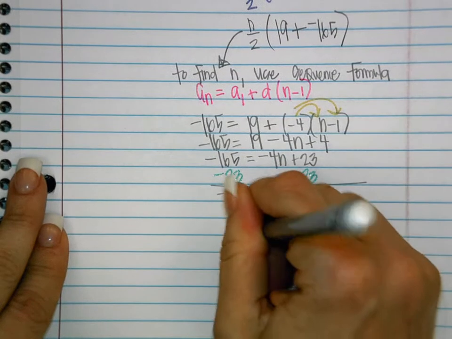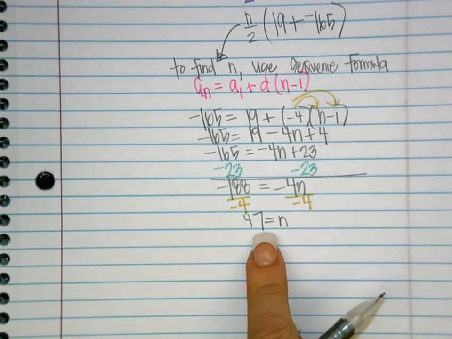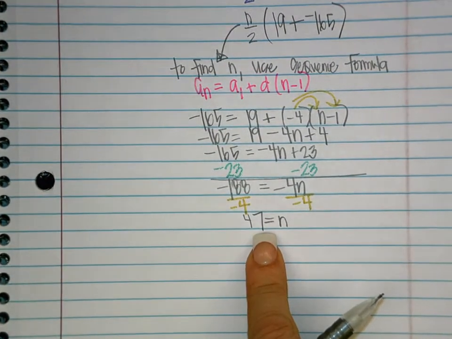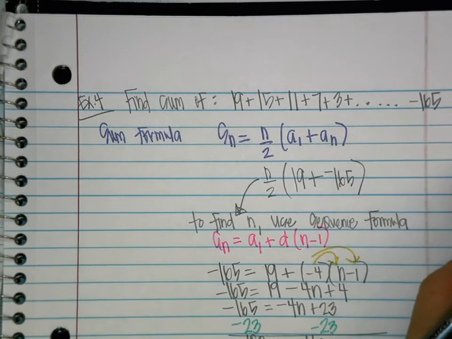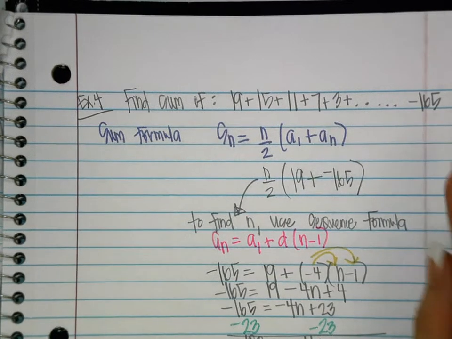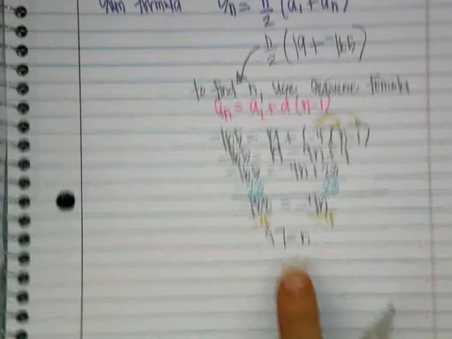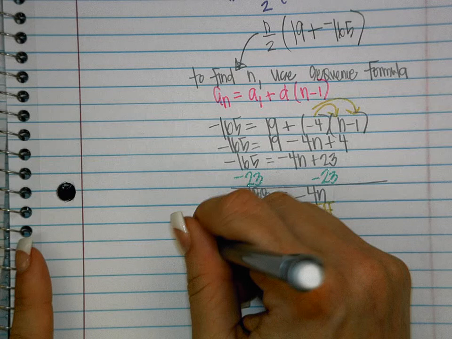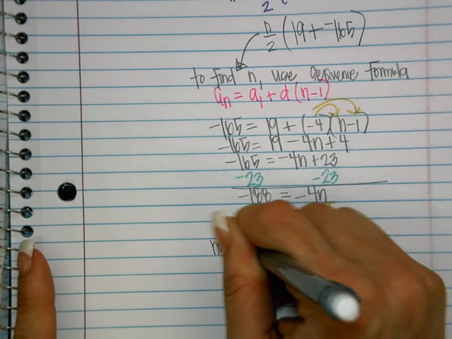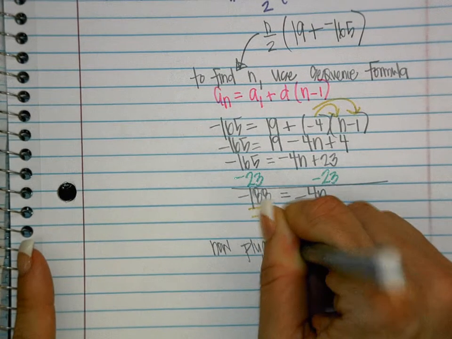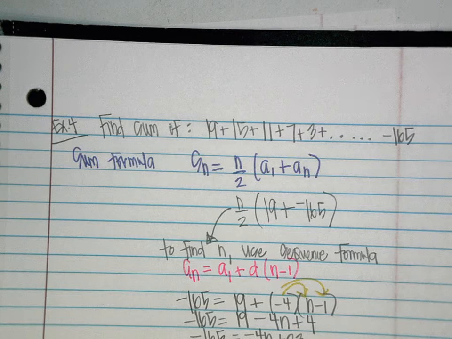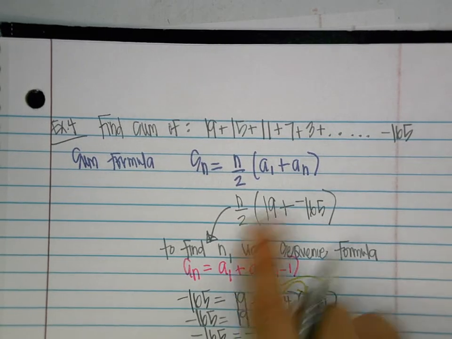Would it ever make sense to get a negative for a term number? No. We're counting the number of terms. I can't get a negative 47th term. That makes no sense. Now, we're going to take this 47 and plug it in back up here where it was missing.